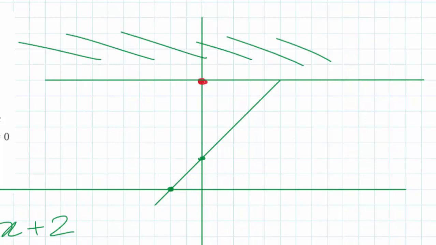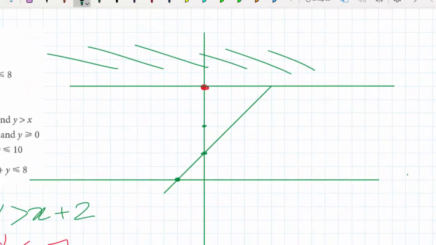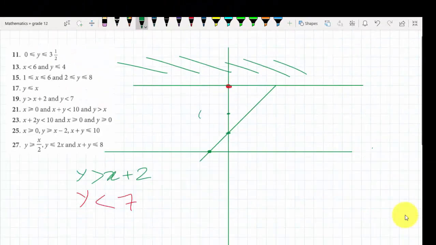And for this one, where the y value is more than x plus 2, let's test a point. The coordinate of this point is (0, 4). So put 0 in place of x, and we get 4 in place of y. 4 is more than 0 plus 2. Is this correct?